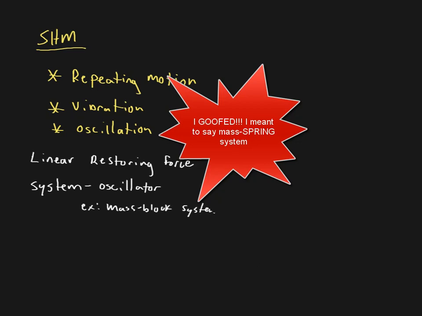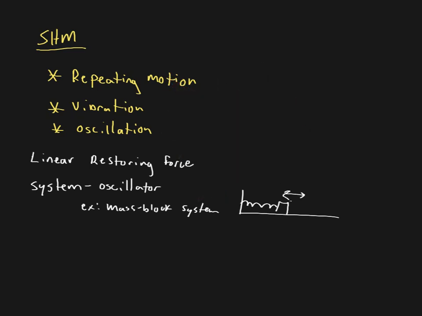So you put a block on a frictionless surface, attach it to a spring which is attached to a wall, and that block is going to oscillate from side to side. It's going to go left and right. And so that would be a simple harmonic oscillator, but the block itself is in simple harmonic motion.